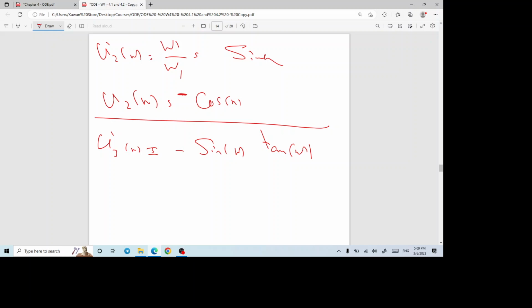Okay? Yalla. How about that one? How do we solve this integral? So u3 equals what? The integral of here. Am I right?